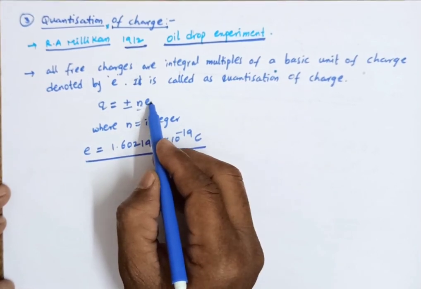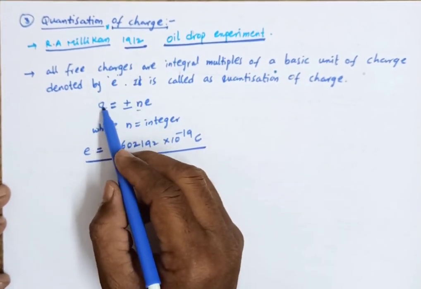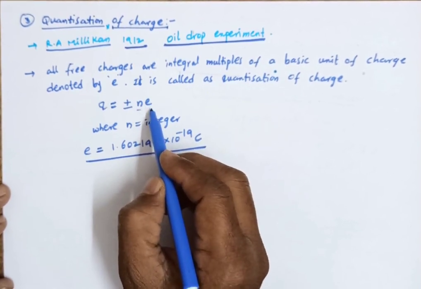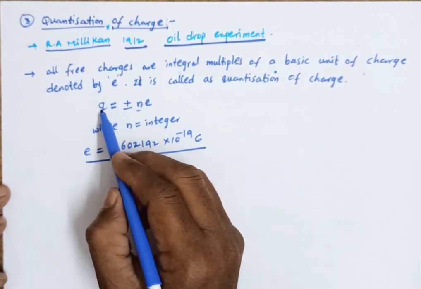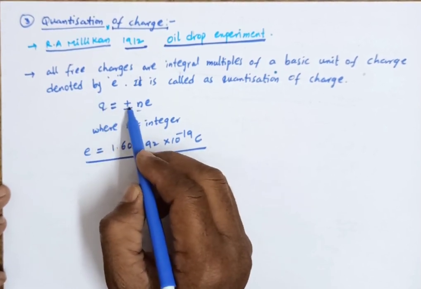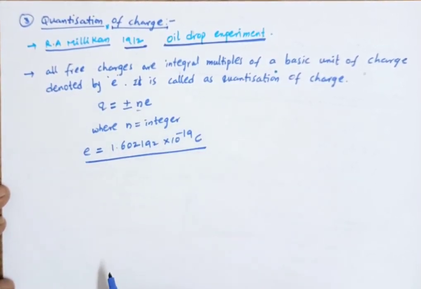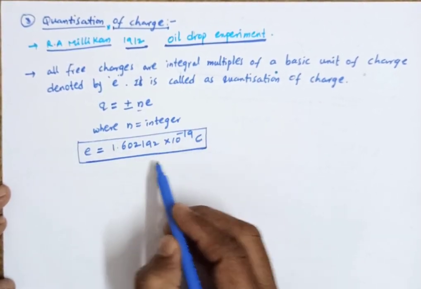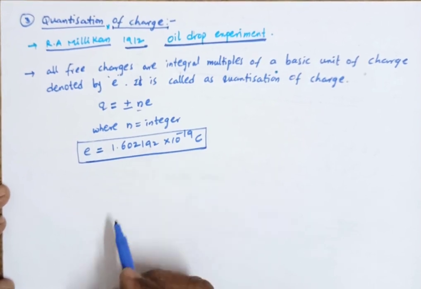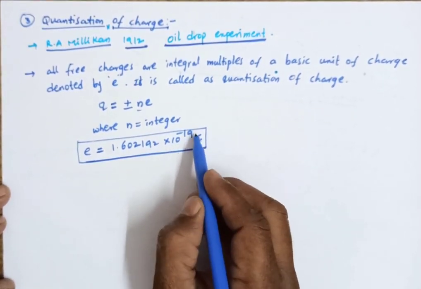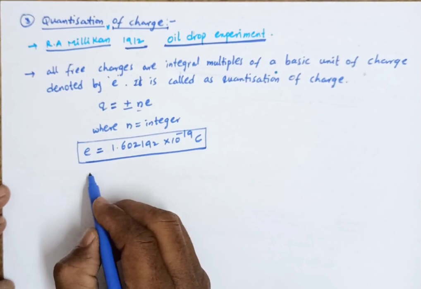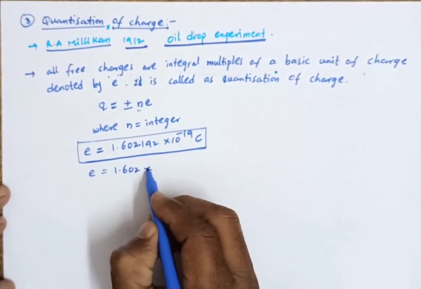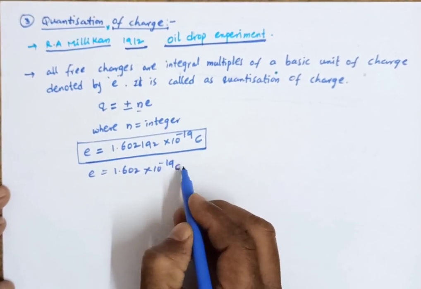For an electron we take Q equals minus n e, and for a proton, the positive charge, Q equals plus n e. The unit charge e equals 1.602192 × 10^-19 coulombs, generally taken as 1.602 × 10^-19 coulombs.